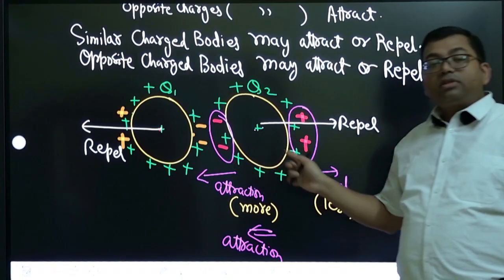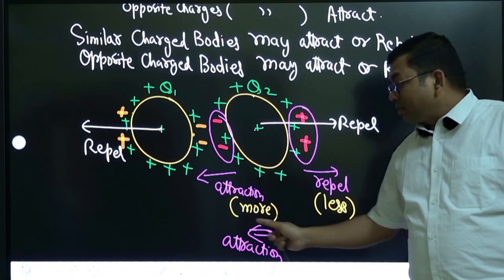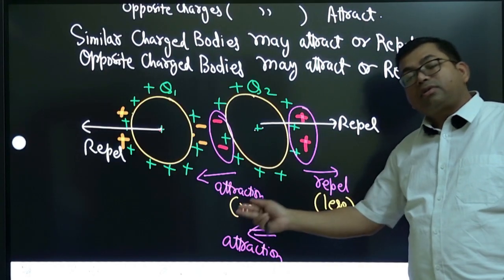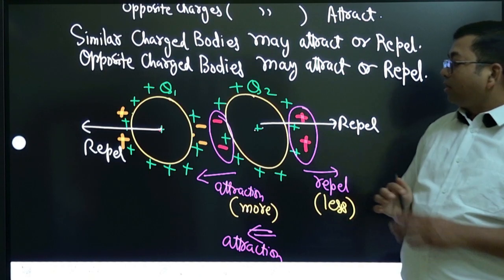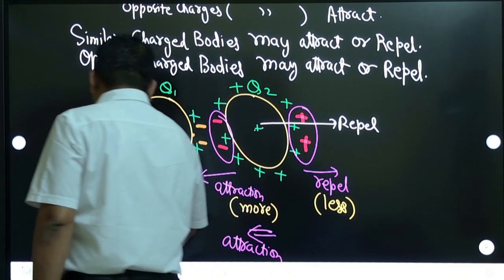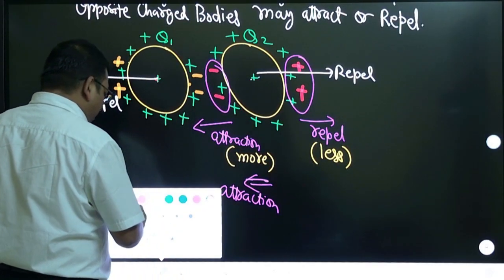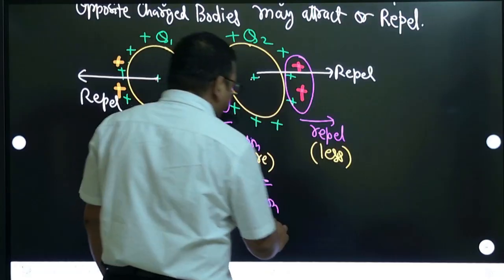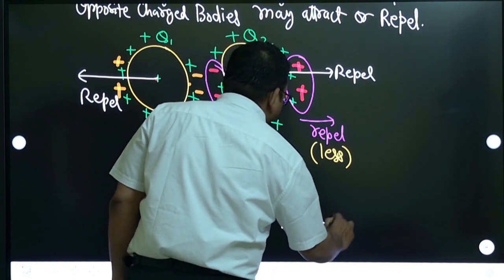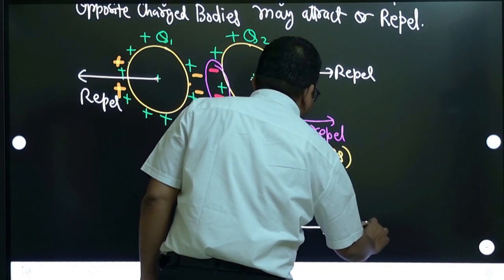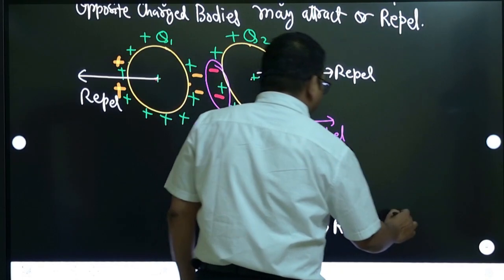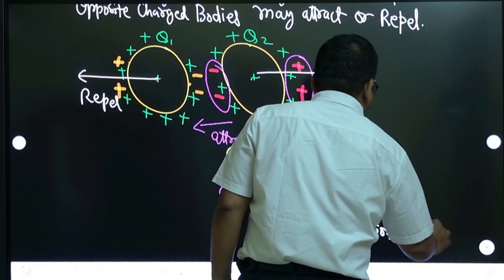But now, due to this induction effect, there is a small attractive force on this body. So instead of more repulsion, repulsion will be there, but it will get reduced.